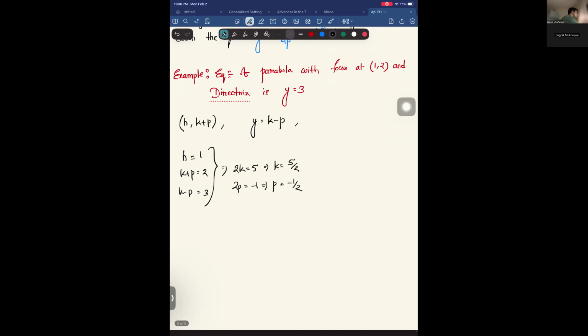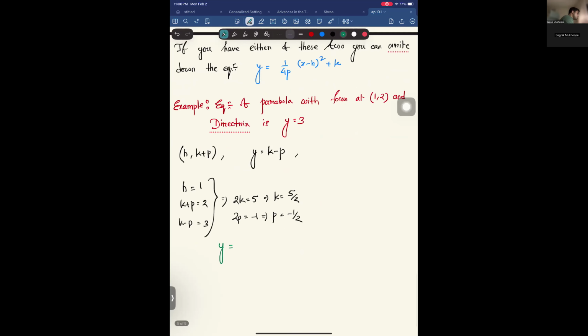So now write the equation. The equation is y equals 1 over 4 times -1/2, times (x minus h) whole square plus 5 over 2. So simplify: y equals -1/2 (x minus 1) whole square plus 5 over 2, and that's your y.